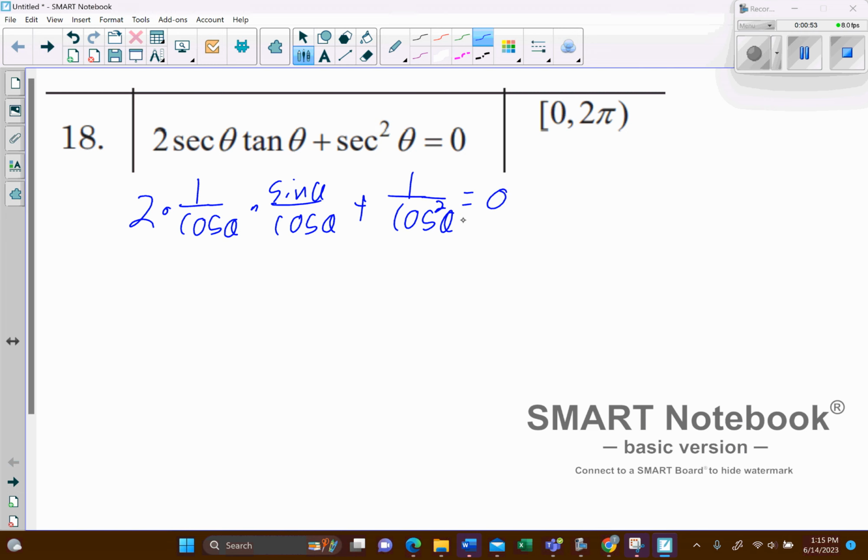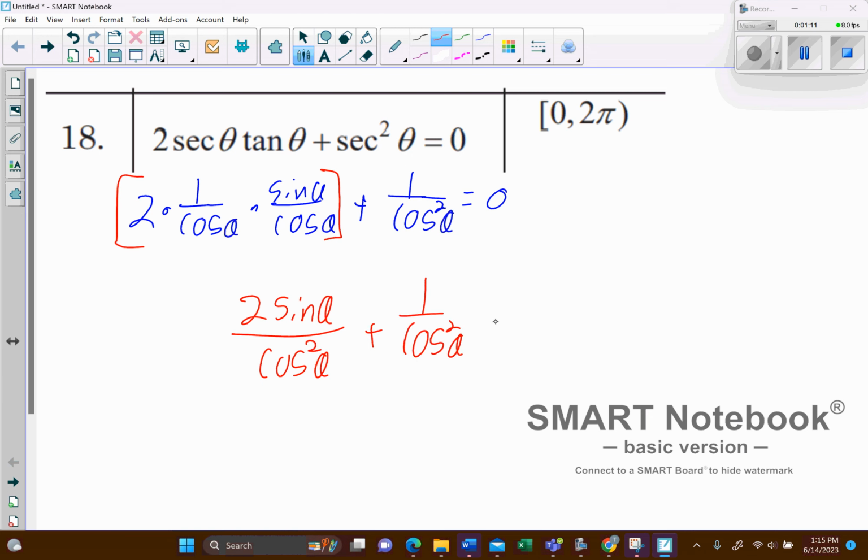I'll multiply this all together and clean it up. I'm going to have a common denominator, so I'll end up with 2 sine of theta over cosine of theta squared plus 1 over cosine of theta squared equals 0.